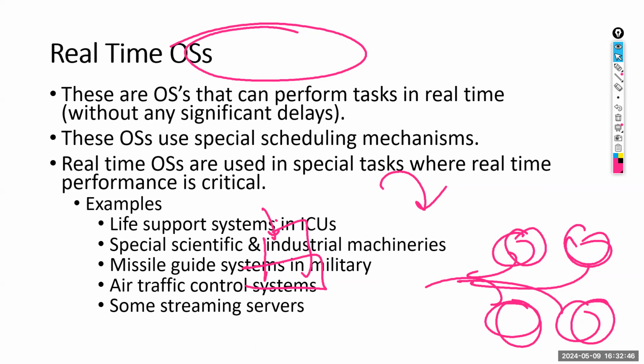So what is meant by real-time OS? Real-time OS means it operates in real time. That means when you give a command, give a task, it operates and gives you the results in no time. So we call them real-time OSs.